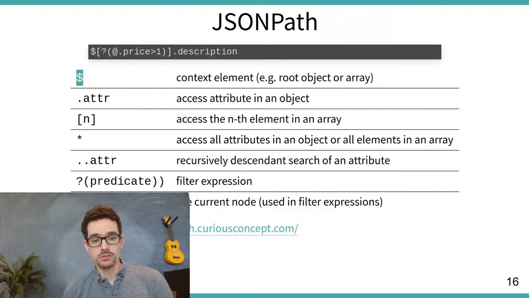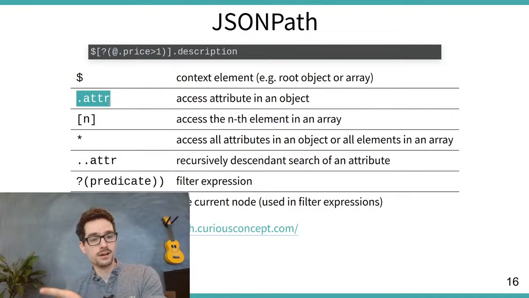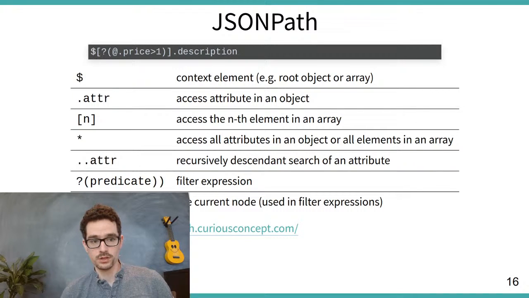$. is, when we work with JSON documents, the root of that document, the root object. Then we access the sub parts with the dot notation. So for example, $.price gives me the prices of products.